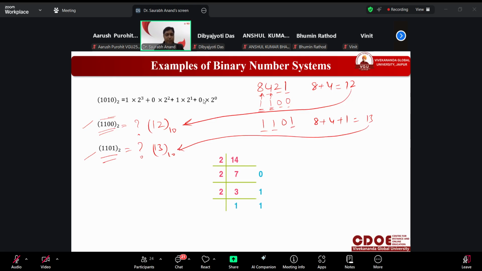You can write all numbers from 0 to 15. All 0s means there is no 1, so it shows decimal value 0. If all are ones, it means 8 plus 4 plus 2 plus 1, so it will be 15. So 0 to 15 can be represented by 8, 4, 2, 1.